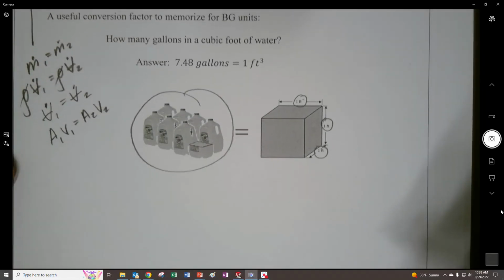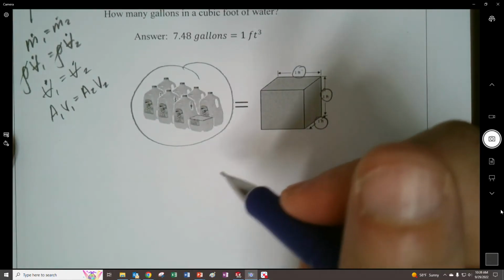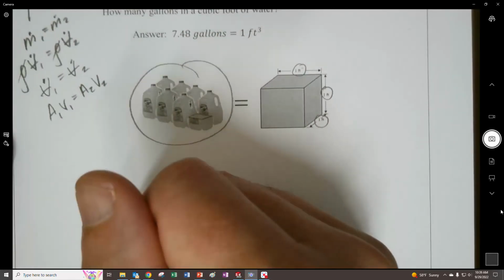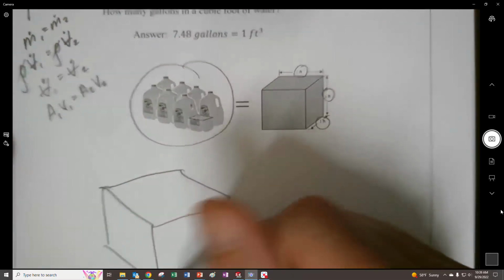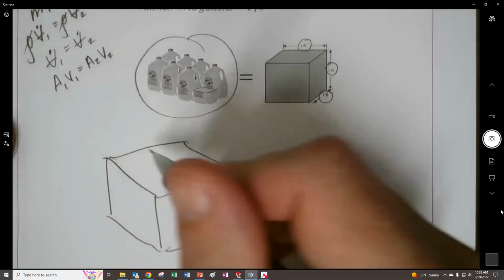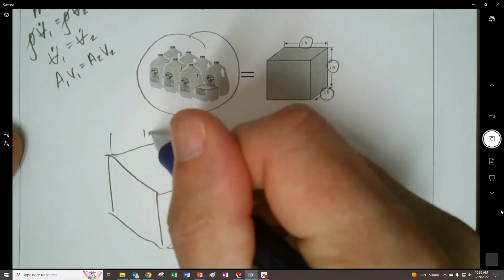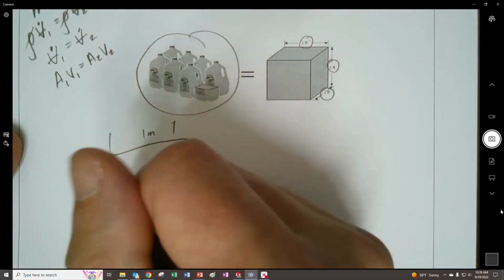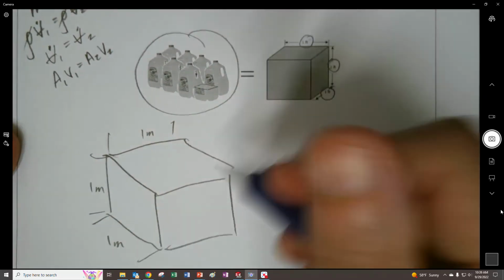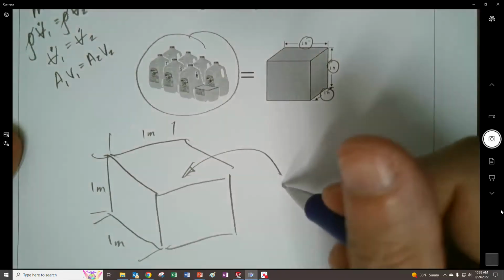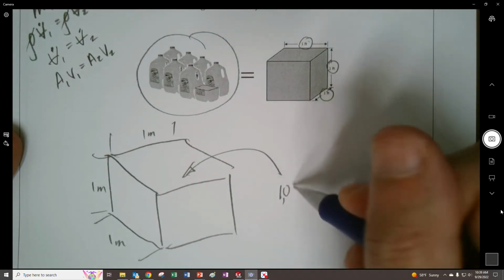Another conversion that you might want to remember is 1 cubic meter. If it's a meter on every side, 1 meter by 1 meter by 1 meter, you can actually get into there 1,000 liters.